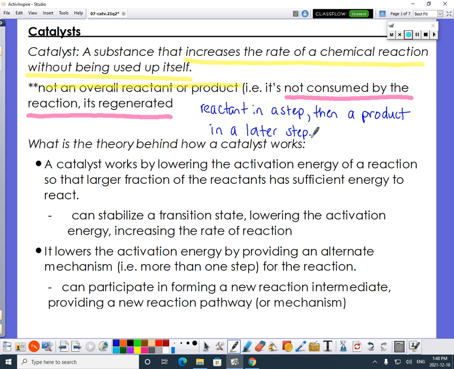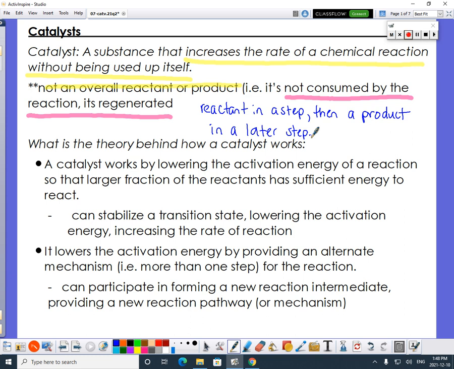If you lower the activation energy, then the reaction will be faster because now you've lowered the barrier. More particles will have the minimum. So we can look at activation energy, so the potential energy diagram, and logically, if it lowers the activation energy, which is potential, then it also will lower threshold, which is the minimum kinetic.